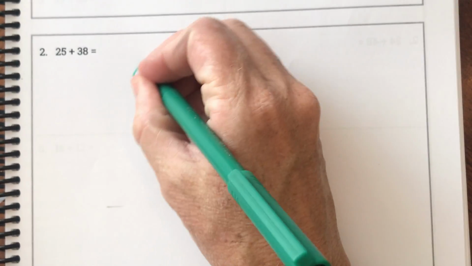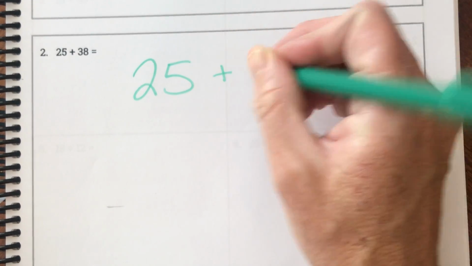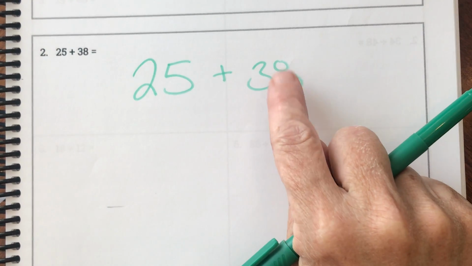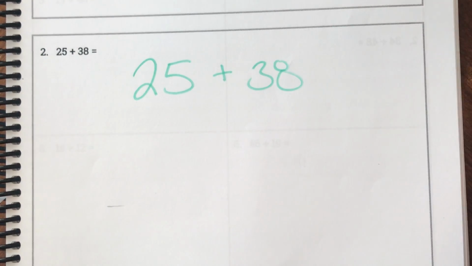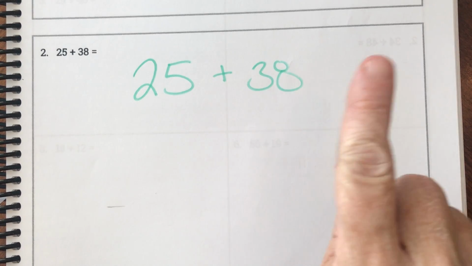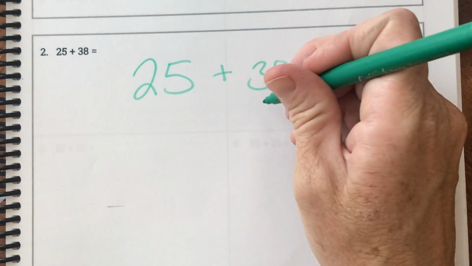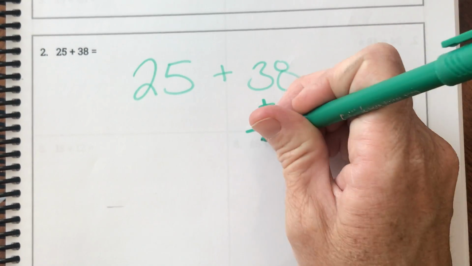Okay, let's look at number 2. Okay, we have 25 plus 38. So we have to decide, boys and girls, which one is closer to a friendly number. And a friendly number is 10, 20, 30, 40, 50. Which one of these is closer? I'm going to say this one is. This one's pretty close to 40, because if I count, I can go 38, 39, 40. I'm only 2 away from getting 40.